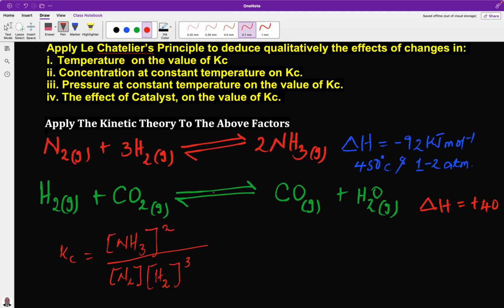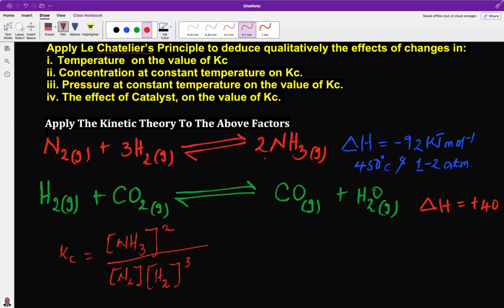Now, let's take another example. Pressure. This is pressure. Gas pressure has to do with substances, gaseous reactions. We are still going to use the production of ammonia in this reaction.